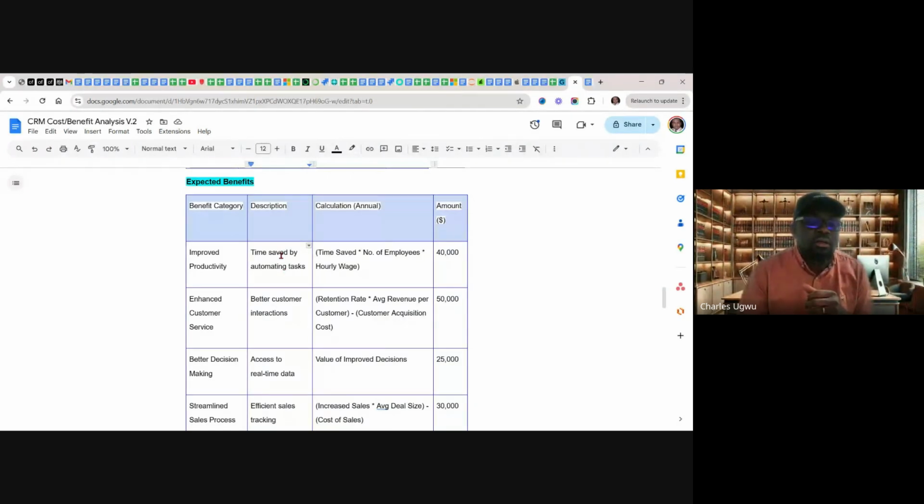And if you multiply the time you saved by the number of employees within that environment, that will give you the amount here. So that's how to get it.